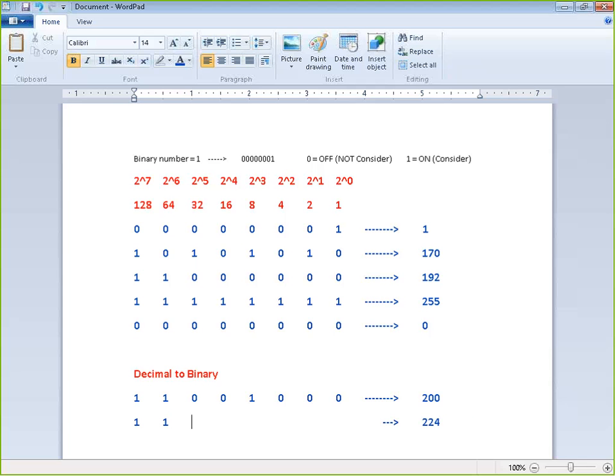The next section is 32, so 192 plus 32 becomes 224, and 224 is equal to the value that we need to achieve, so I need to put a 1, and everywhere else it's going to be a 0.